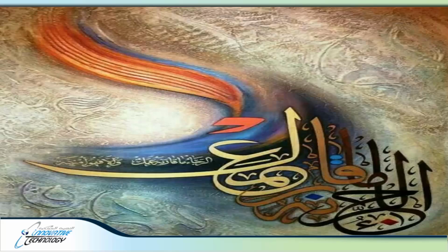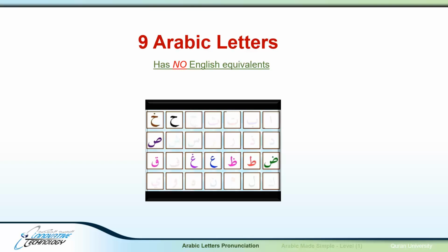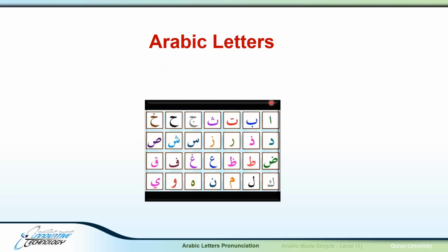Let's summarize now the Arabic letters that have no English equivalents: Ha, kha, sad, dad, ta, tha, ayn, ghayn, qaf. And finally, we wrap up with all the Arabic letters all together.